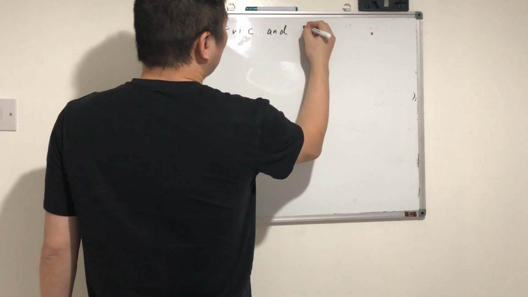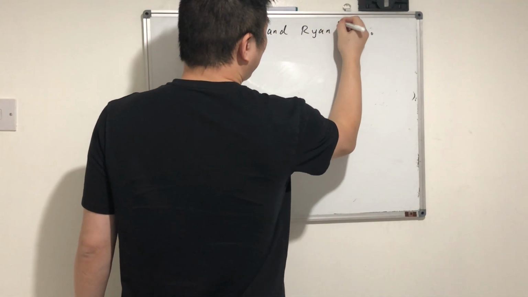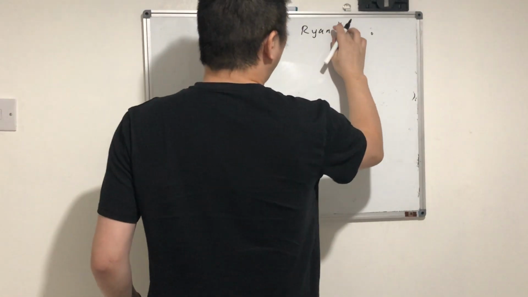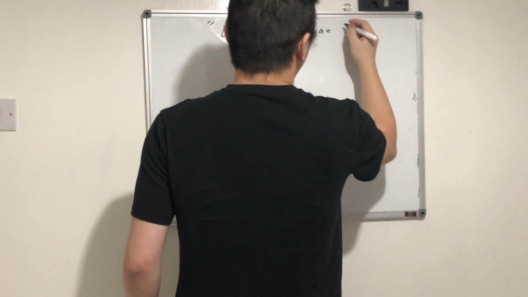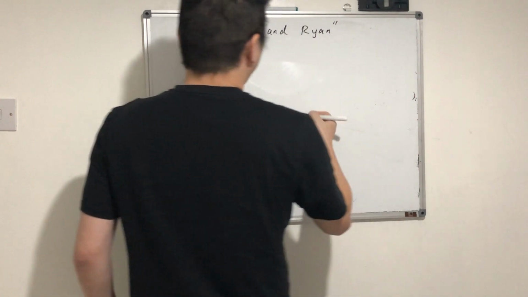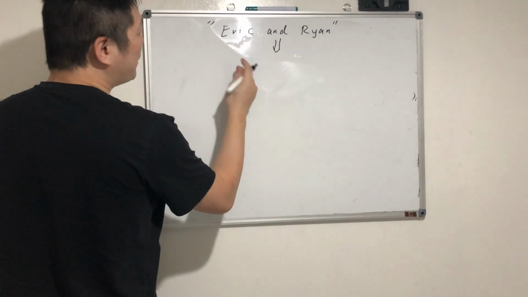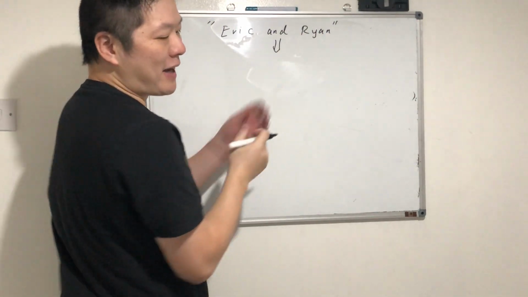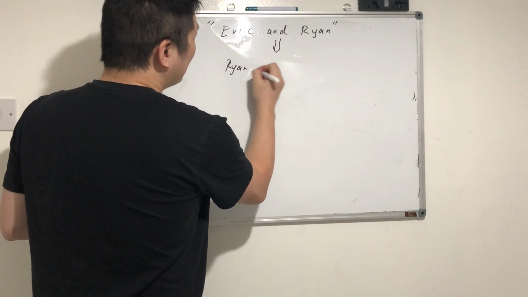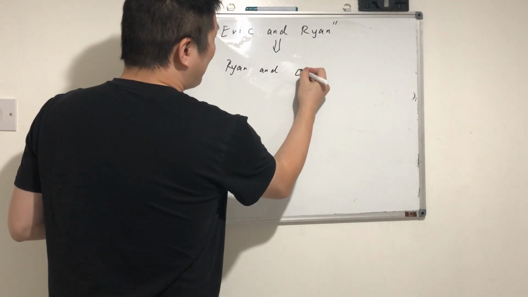So today we're going to talk about Eric and Ryan. This is a string, yeah? Just Eric and Ryan, and I want you to reverse it not by characters, but by words. So you become Ryan and Eric.